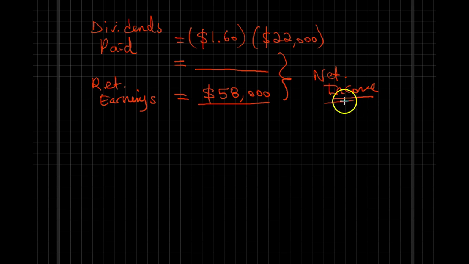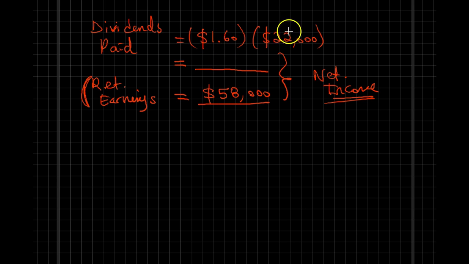Because once a company has net income available for its shareholders, what does it do? Some of it we pay out as dividends to our shareholders, and the rest we retain to grow our company, because our company needs to stay competitive against other firms.